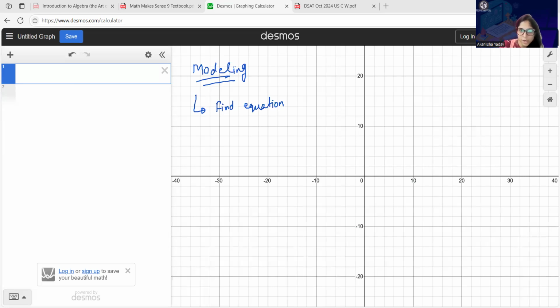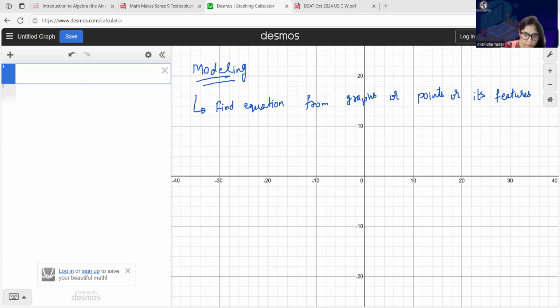Find equation from graphs or points or its features. So for this, you have to decide depending on whatever is given to you. So we'll discuss each one of them.